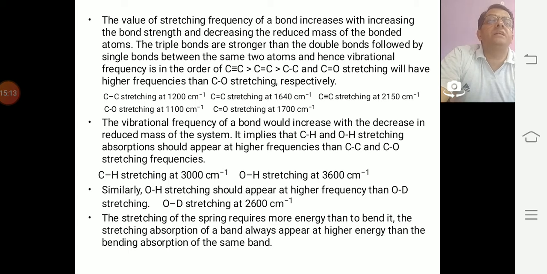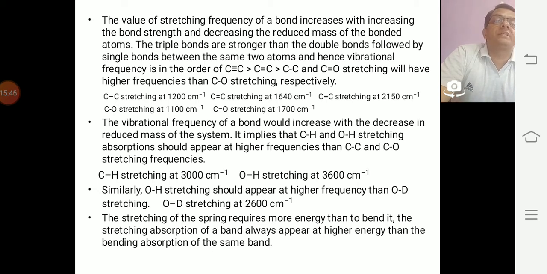These are the values: C single bond C stretching at 1200 per centimeter, C double bond C stretching at 1640 per centimeter, and C triple bond C stretching at 2150 per centimeter. C single bond O stretching is at 1100 per centimeter, but C double bond O stretching is around 1700 per centimeter.